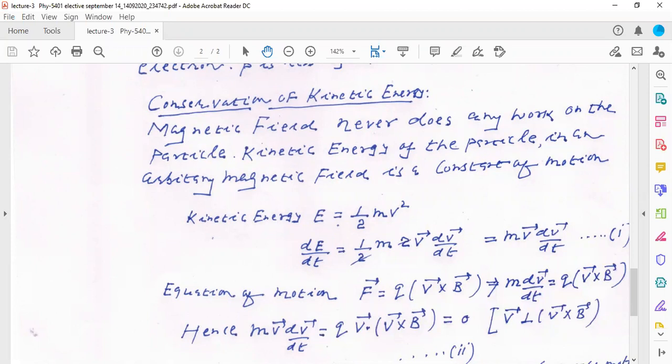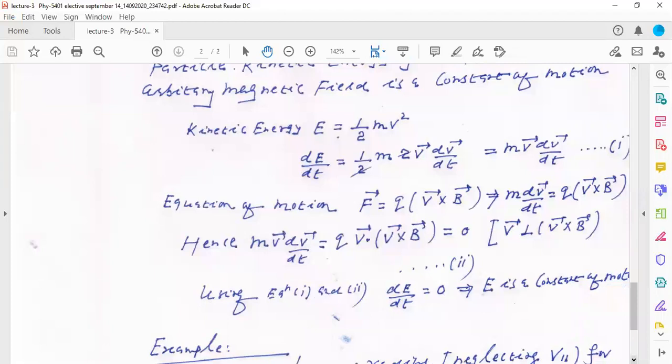And v is always perpendicular to v cross B. This is the definition of a vector product. Since v is perpendicular to v cross B, this dot product is zero. And if it is zero, then dE by dt is equal to 0.